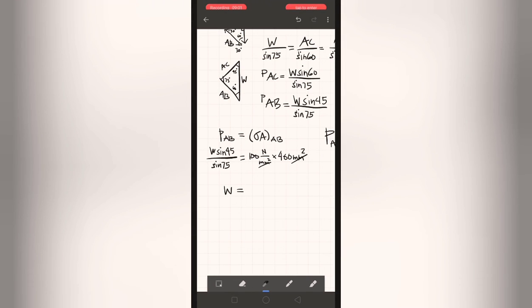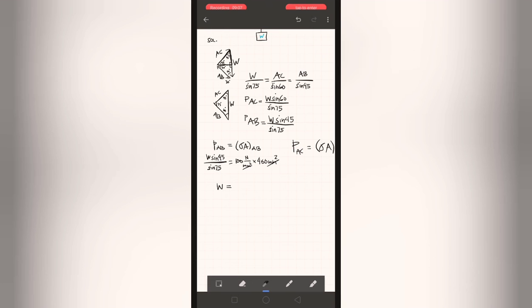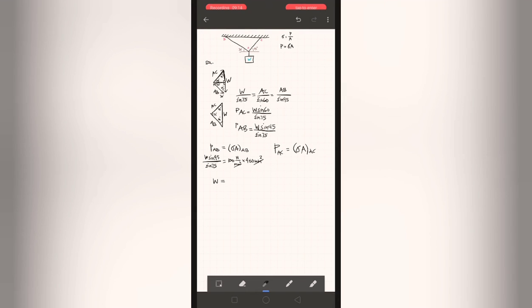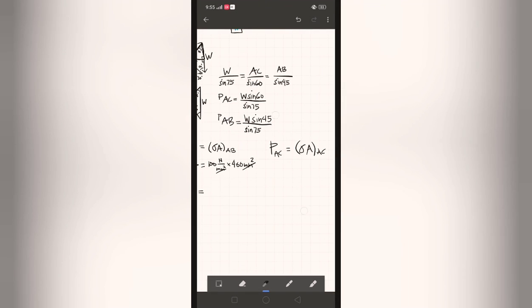And by inputting this to our calculator, we can get the value of W with respect to the force in wire AB and the stress in wire AB.